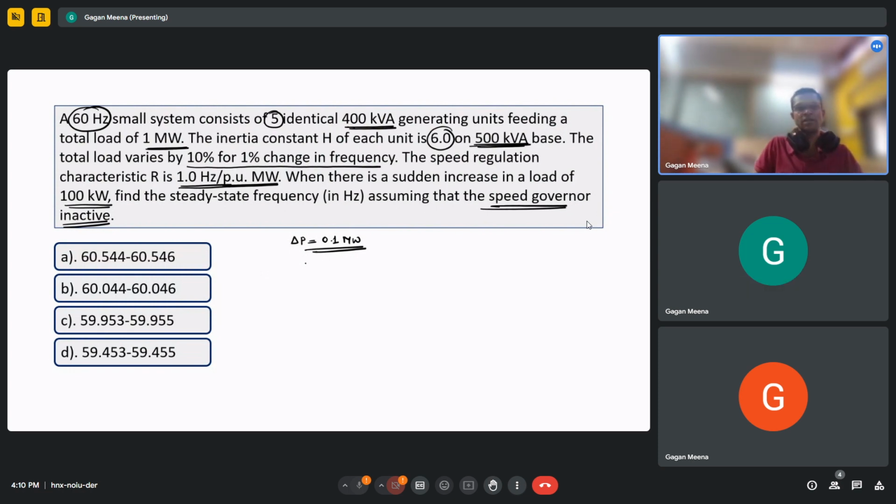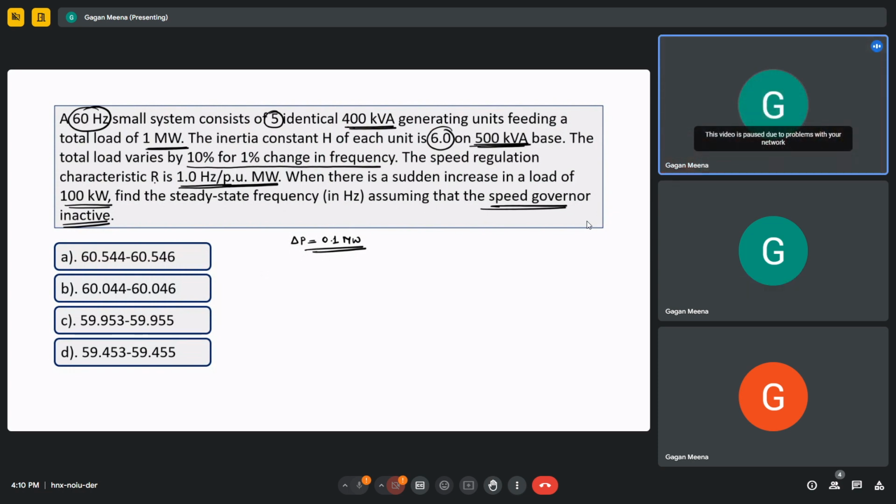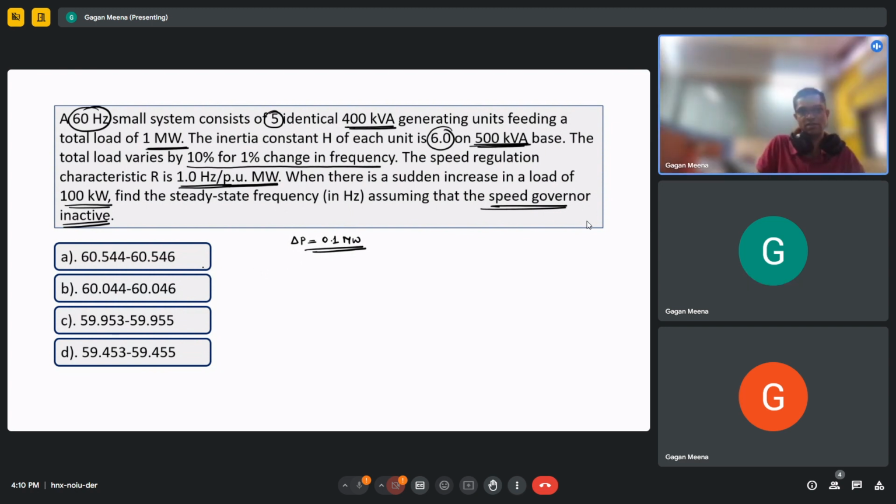So initially the generation, since load is 1 megawatt, so system base, so this is 1 MVA. So new system base is equal to 5 generators, 5 into 400 their capacity divided by 1000, earlier value, which comes out to be 2 per unit, 2 MVA system base.